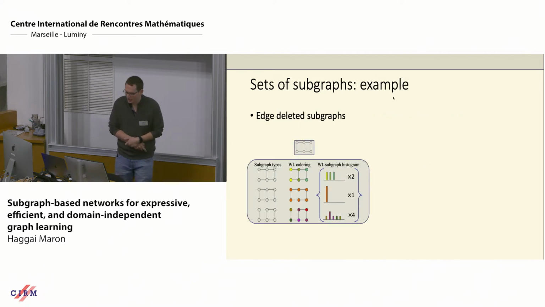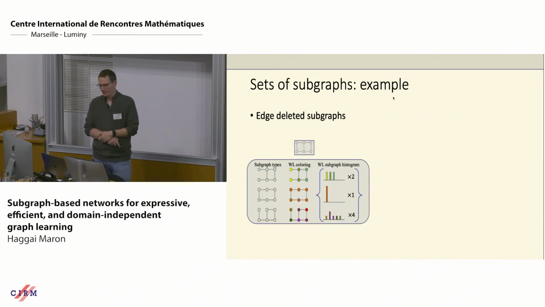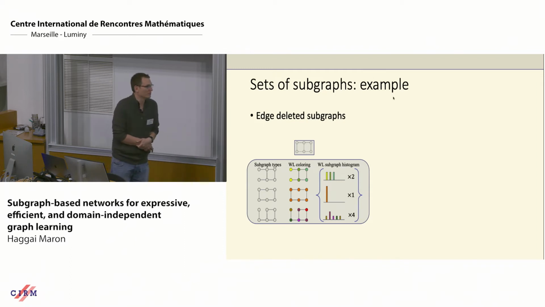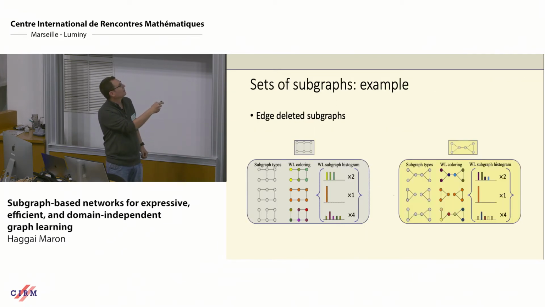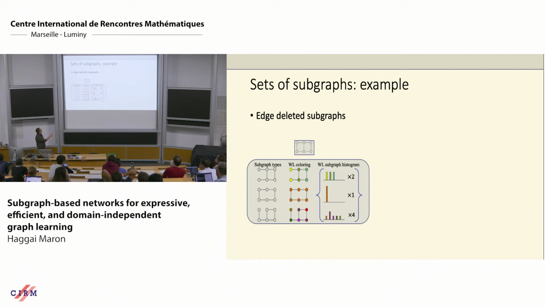And let's try to understand why this gives us more expressive power. So we go back to those two graphs that we saw before. We have the subgraph types on the left side. And this is the stable coloring that we get from WL, and this is a histogram of the histograms of those subgraphs.